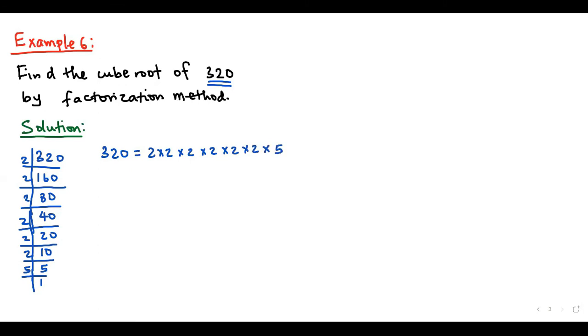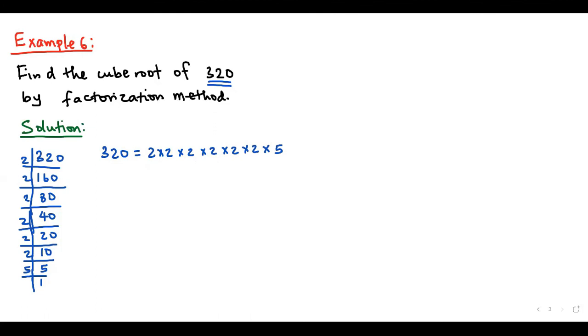Now if we need to make 3 equal groups, including this 5, it is not easy. If we take this, this, and this, then this group will not be equal to the rest. So what do we do then?